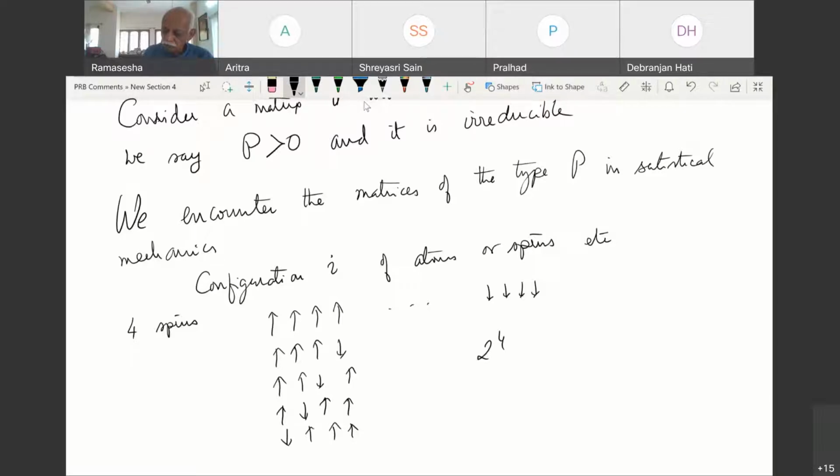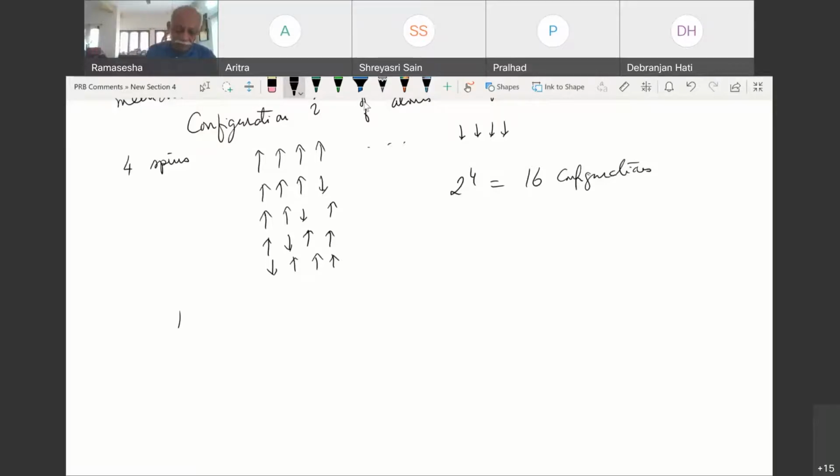So when you have these spins and there is thermal fluctuation taking place, then you can have transitions from one configuration to another configuration.